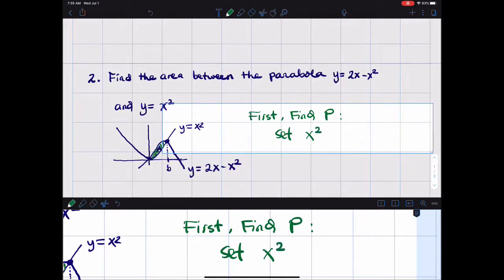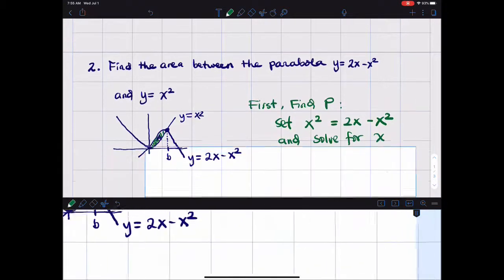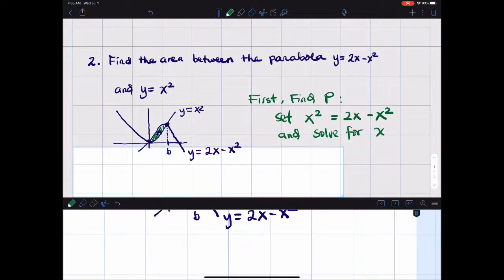Set x squared equal to 2x minus x squared and then solve for x. And then after doing that, then you can do your area.